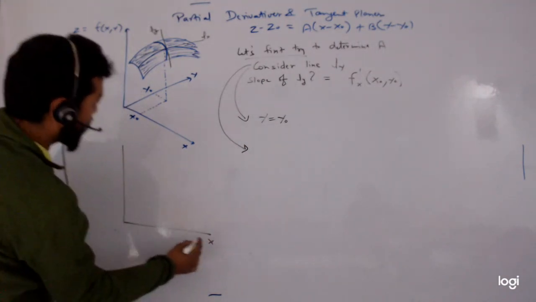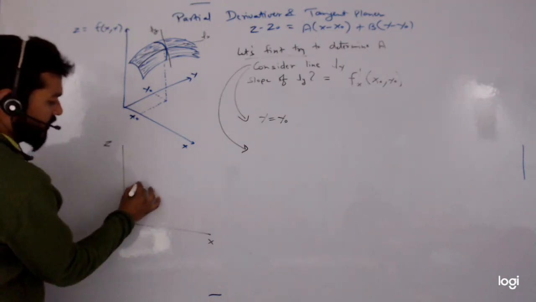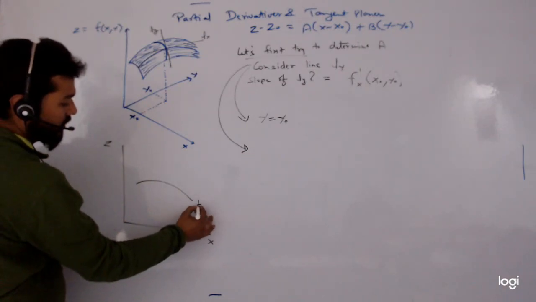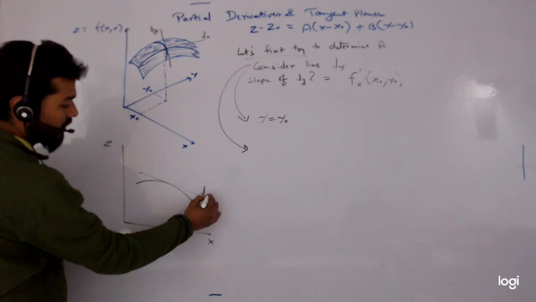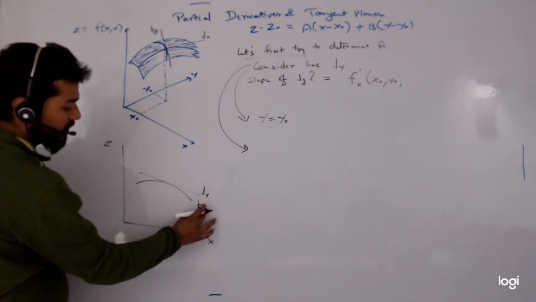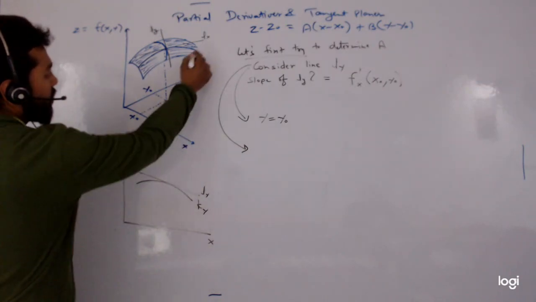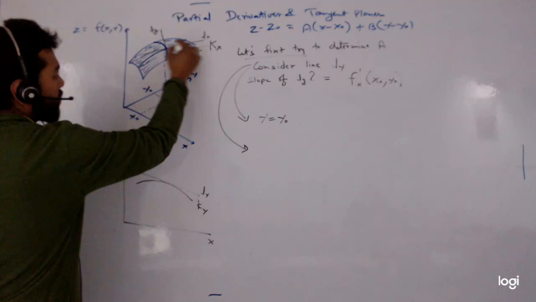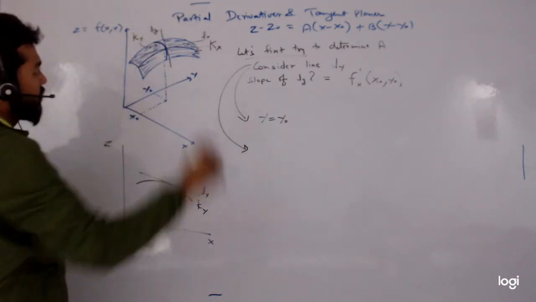So we have x and z, and we have what we call k of y, and we have this line L of y. This is y. This is k of x and this is k of y.